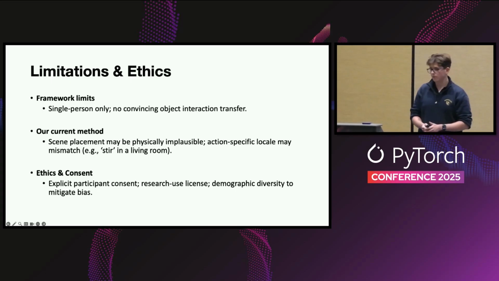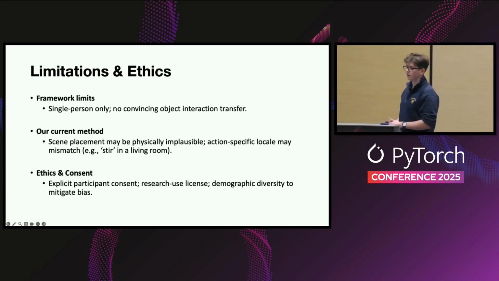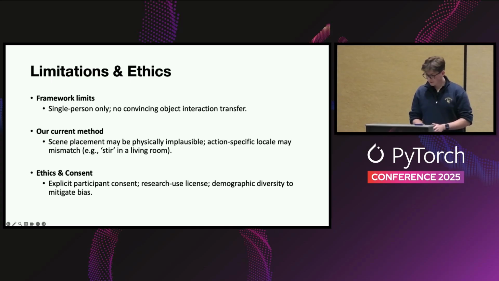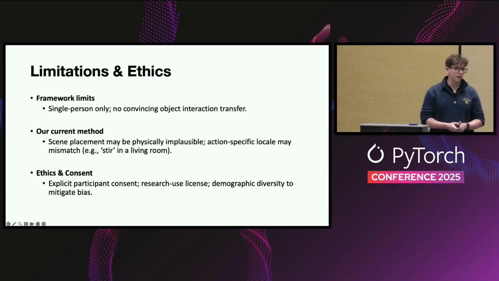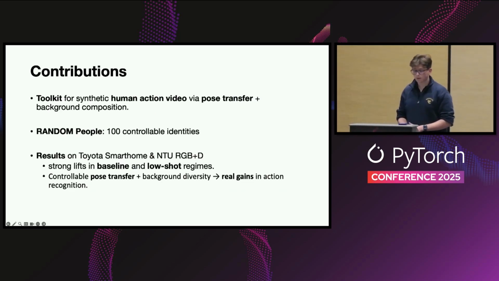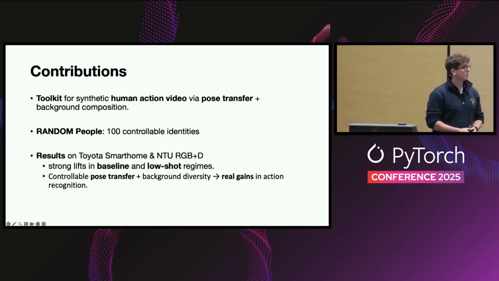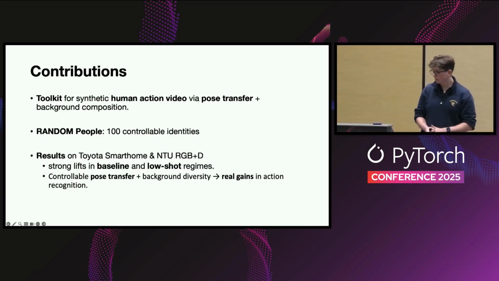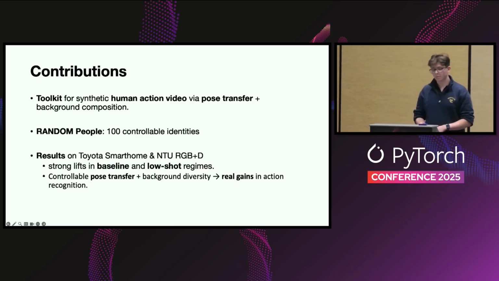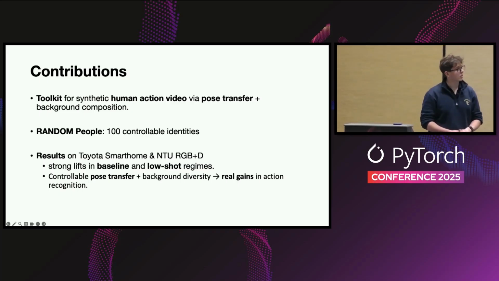When we were collecting the identity videos, it was checked by Stanford people, and also there is demographic diversity to mitigate the bias in the data set to this date. And so to conclude, the contributions are, we have a toolkit for synthetic human action videos via pose transfer, and we can add backgrounds.